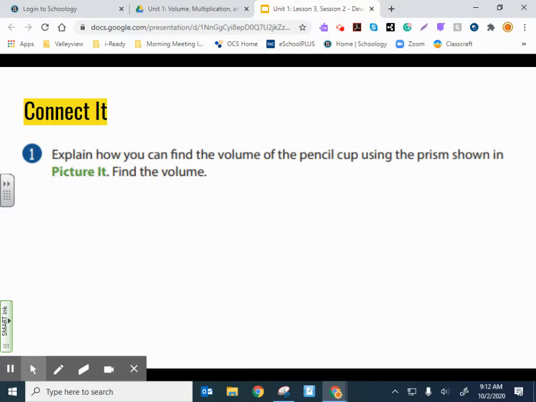So you could do it a couple different ways. You could count all of the cubes. That's certainly a possibility, and not a wrong one either. If that's what you like to do, that's fine.